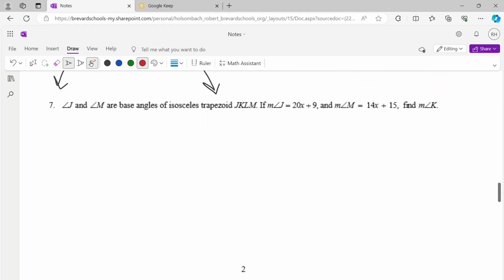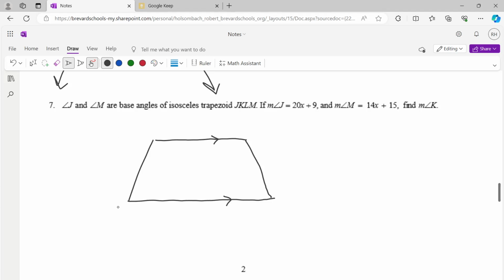Problem number 7, you're told J and M are base angles of isosceles trapezoid JKLM. So let's draw a trapezoid. Base angles. So the two parallel sides are bases.